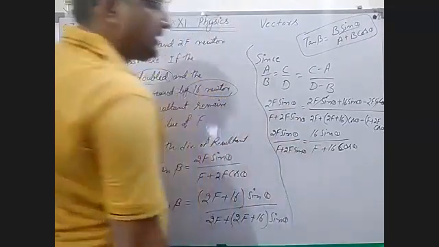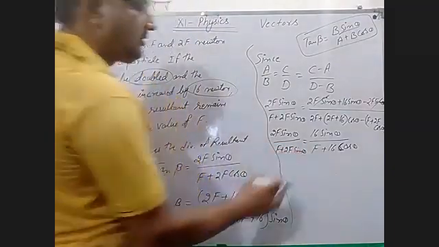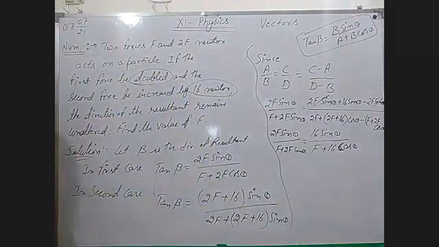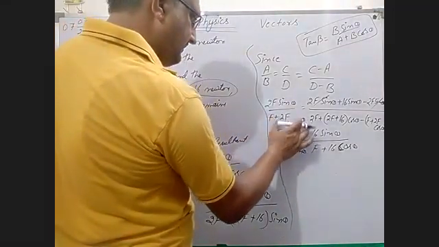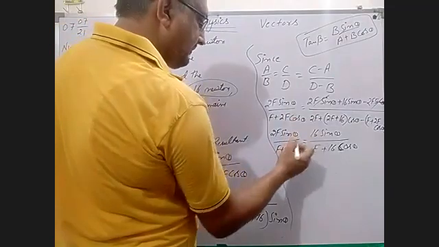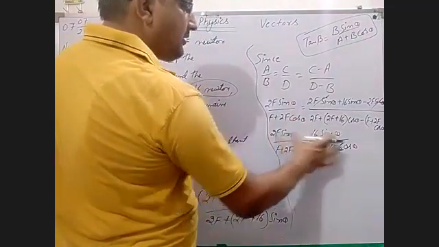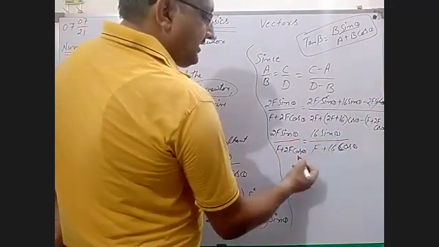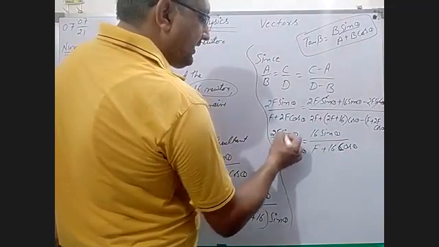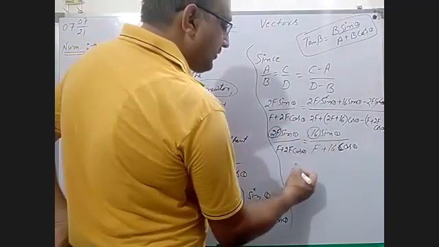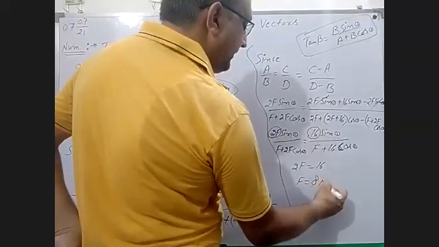Now you can compare these things: sine theta, cos theta, this is F. Now from here, you can take 2F is equal to 16 and F becomes 8 Newton.